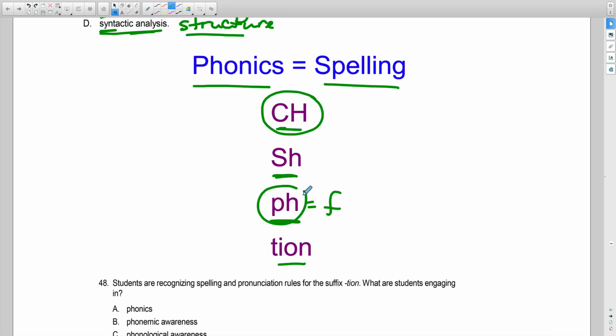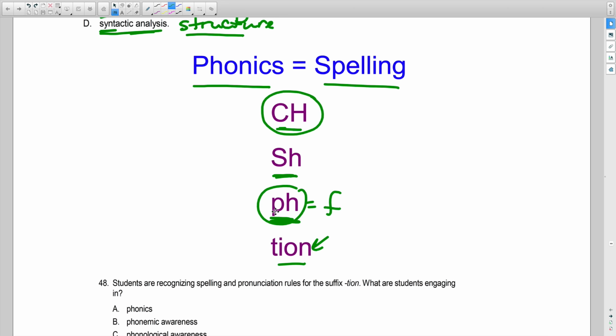How would you know that? Unless you understood the spelling rules for this particular combination of letters. And another one I like to do is TION, because if you didn't know TION rules, you would be like t-i-o-n. But really, this is shun. So phonics has to do with spelling, and you have to see the word.